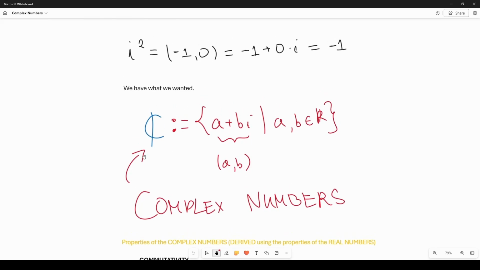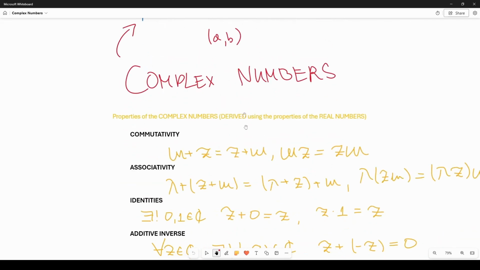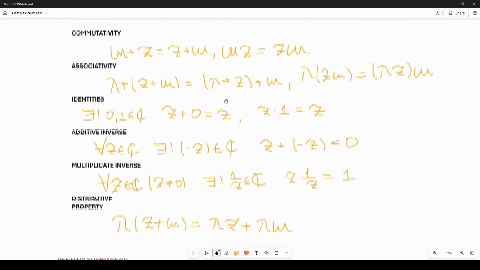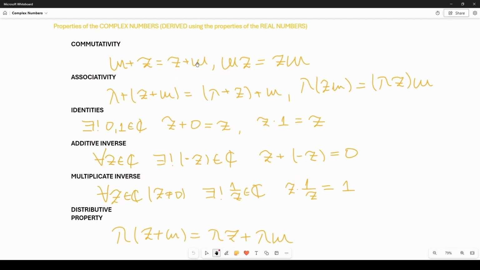And now we can just declare the set of all complex numbers to be the set of all of these ordered pairs written out as this expression here. So these are the complex numbers. Due to the nature of the real numbers and our definitions, the complex numbers behave super nicely.